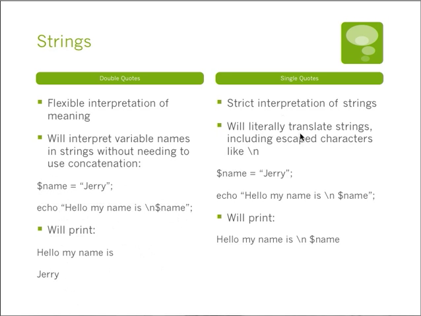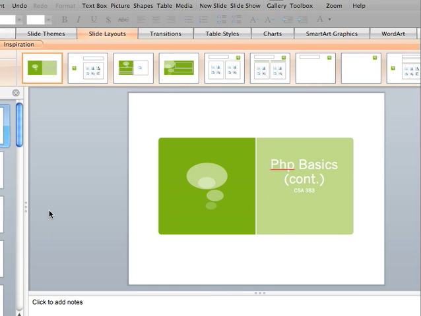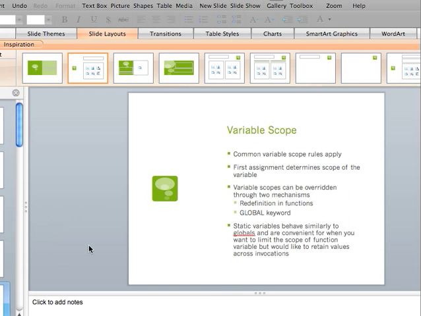With single quotes, you get a more strict interpretation of strings. Everything is basically literally translated. So you end up getting something like this, same variable and same print, except that, oh, this is wrong. This should be single quotes. Let me change it in the notes.